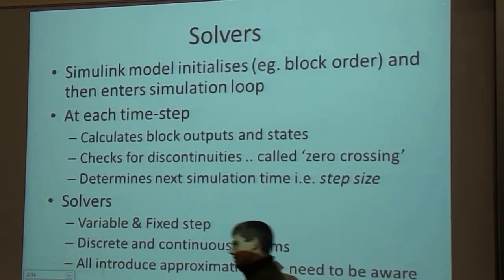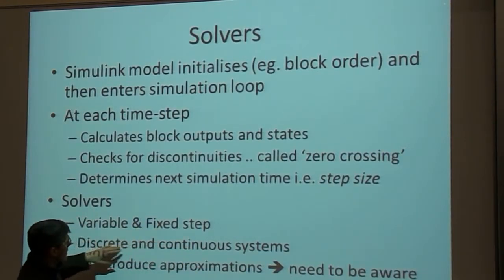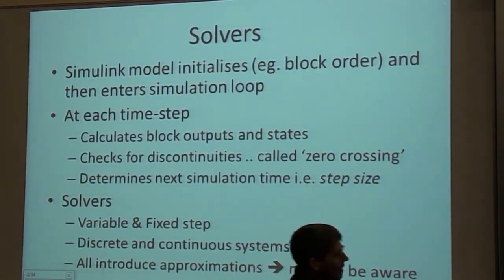So generally, these solvers can be defined as either fixed step or variable step. They can also be used in discrete and continuous systems. Now, the systems we've been seeing so far in Simulink are largely continuous systems, but the simpler ones aren't.